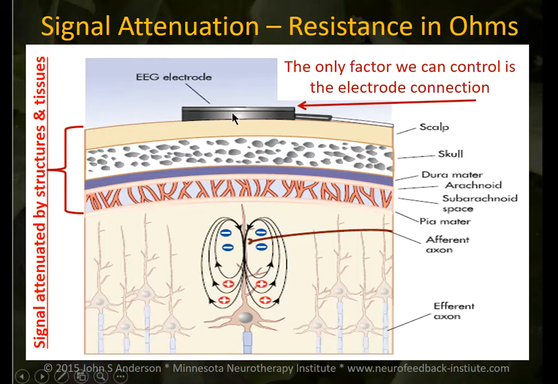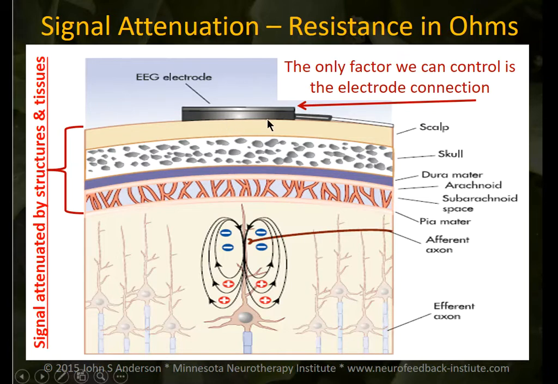Once we get to the scalp surface, the readings have been attenuated or blocked by these structures: pia mater, the subarachnoid space, the arachnoid space, the dura mater, the skull, the scalp, and so on, resulting in an increase in resistance and a decrease in the amount of voltage that we can perceive from the scalp surface.